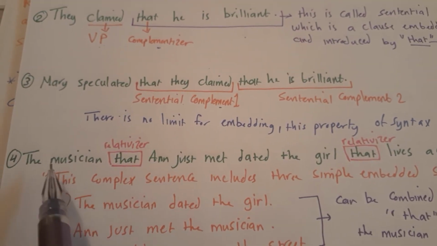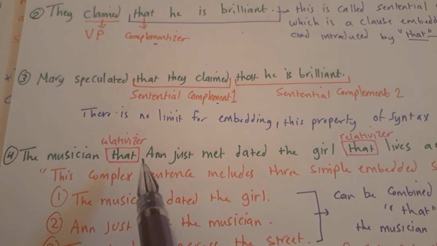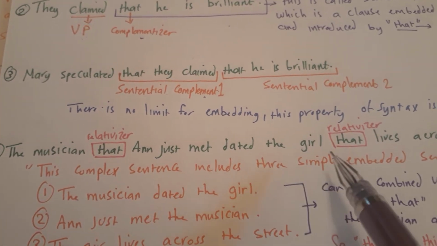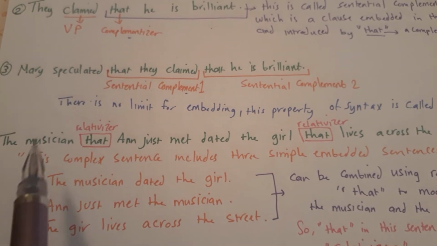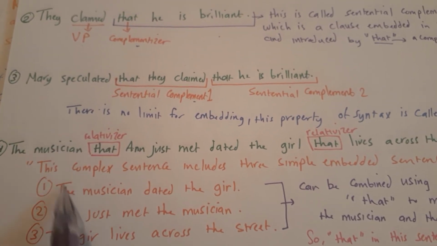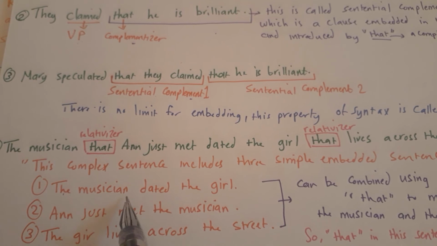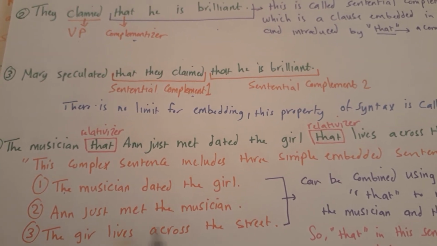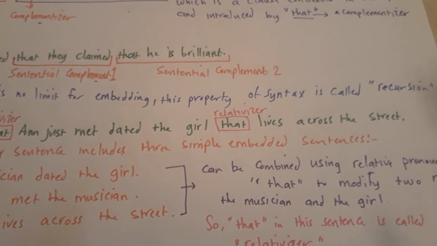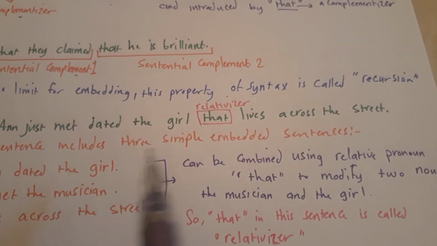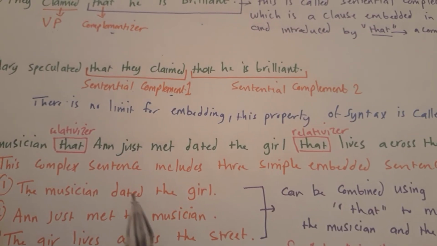Now, example number 4, the musician that Anne just met dated the girl that lives across the street. As you can see here, we have at least 3 sentences as the following. The musician dated the girl, Anne just met the musician, and the girl lives across the street. Now we combine these 3 sentences using that, that and that.